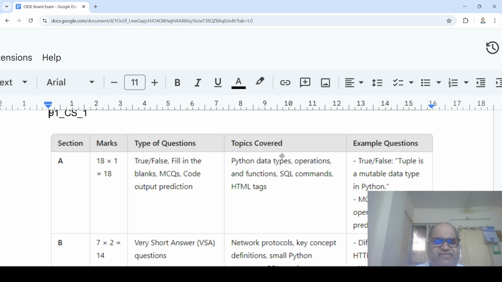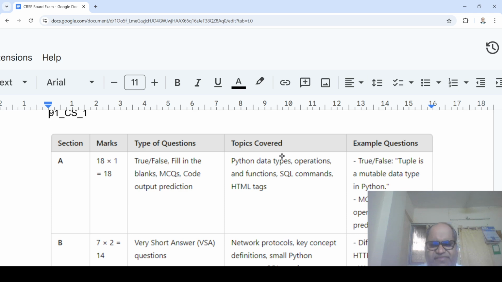There has been some subtle variation across the last couple of years' question papers, but broadly the organization has been dividing your question paper into multiple sections.